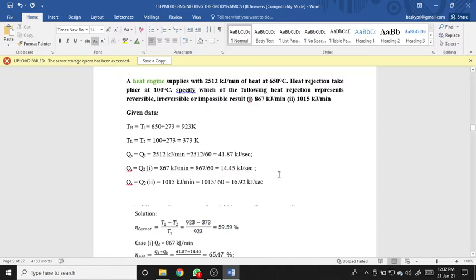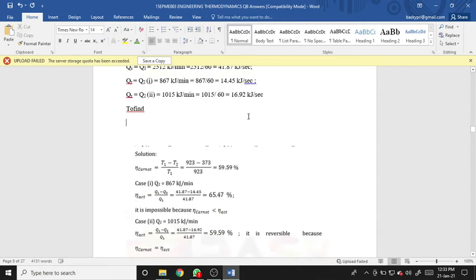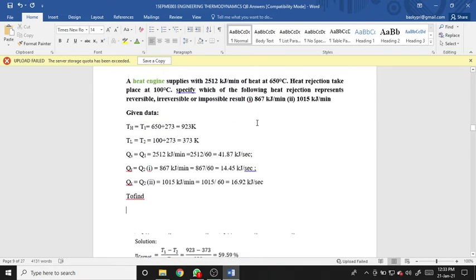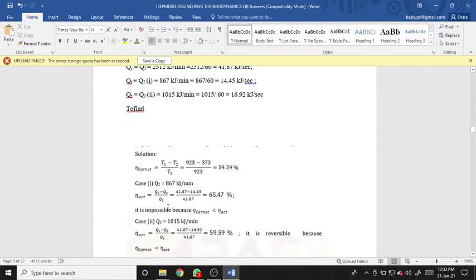Sorry for the delay. Next, they are asking to find the heat rejection. We are going to find the Carnot efficiency first, then after that we need to find the actual efficiency.